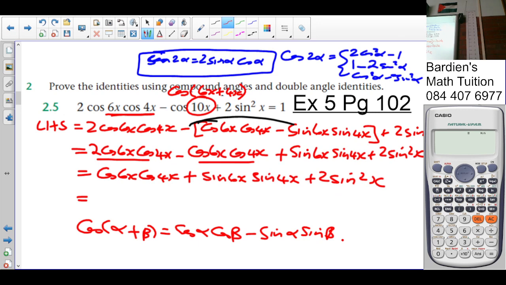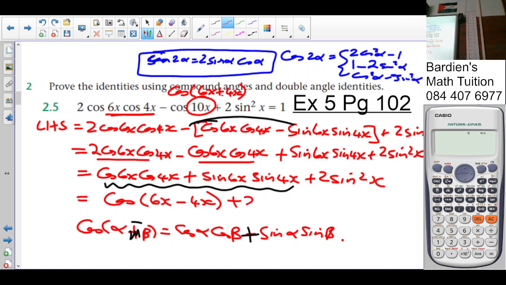So what does this now remind us of? Cos expansion. But if this is plus, then this is minus. So my alpha angle is 6x and my beta angle is 4x. So it's going to become cos 6x minus 4x plus 2 sine squared x. So what is cos 6x minus 4x?